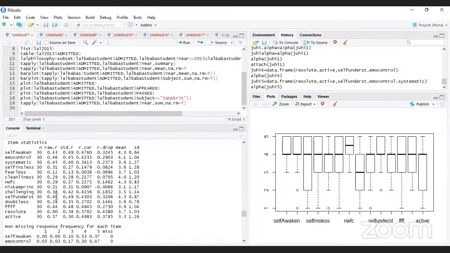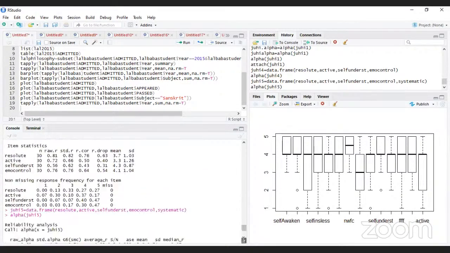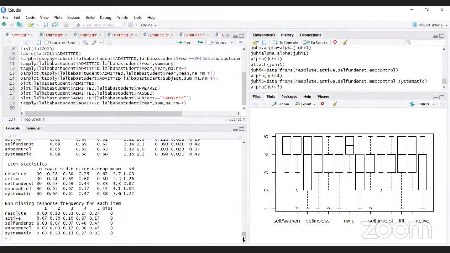Okay, so suppose I am interested to take the 0.44 also. Okay, is it clear? And the self-awakening. So we can check whether the Cronbach's alpha enhanced or not. If not enhanced, then we will stop.